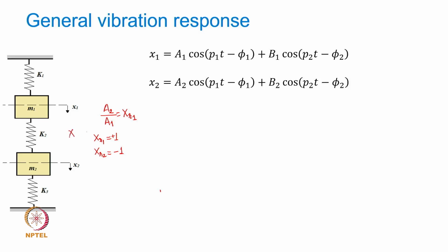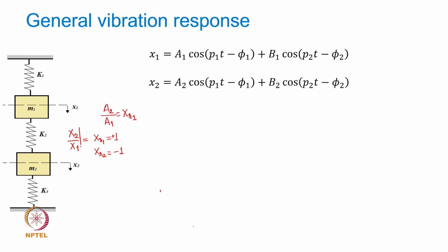which are representing the amplitude of the second mass relative to the amplitude of the first mass, that value xr1 and xr2 for the second mode, will obviously be different for different configurations. That means, depending upon the values of k1, k2, k3, m1 and m2, these ratios would be determined by the relative values of all the system parameters like the stiffness and mass values.